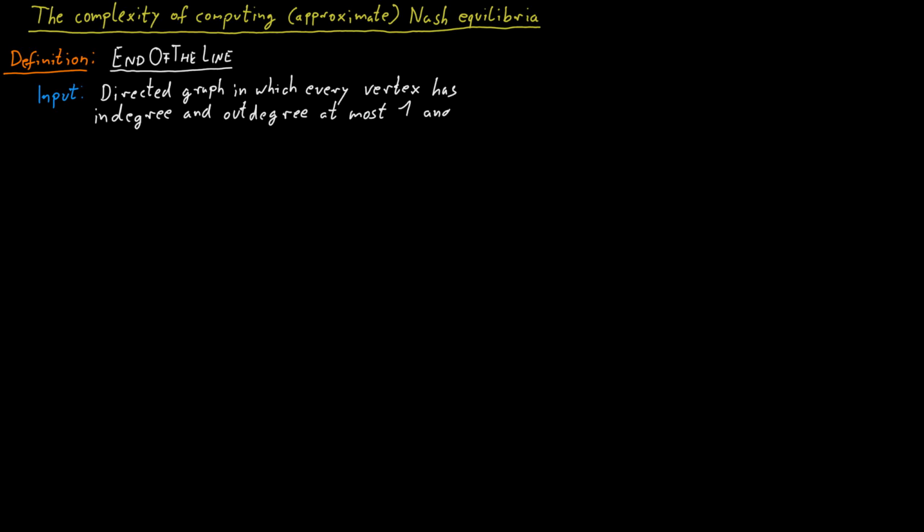And also part of the input is a specific vertex or node V. This condition on the in-degree and out-degree of the nodes means that the graph only consists of isolated nodes, simple paths, or simple cycles.